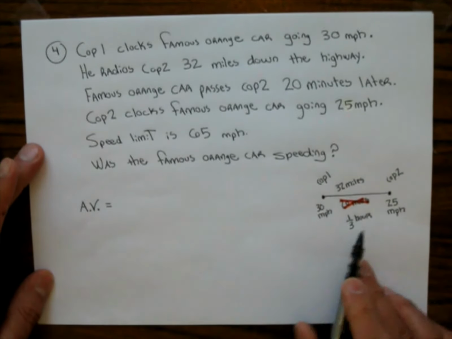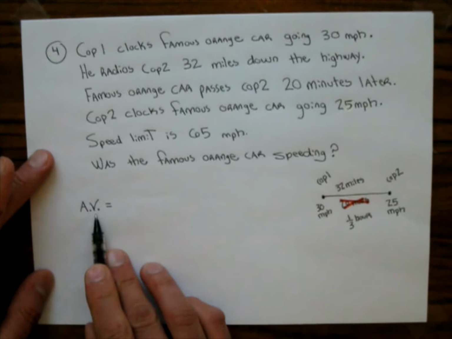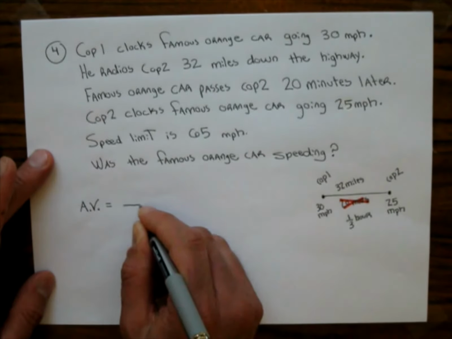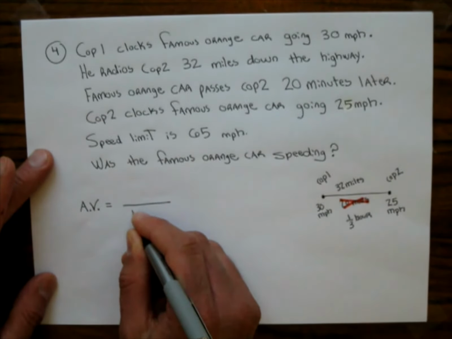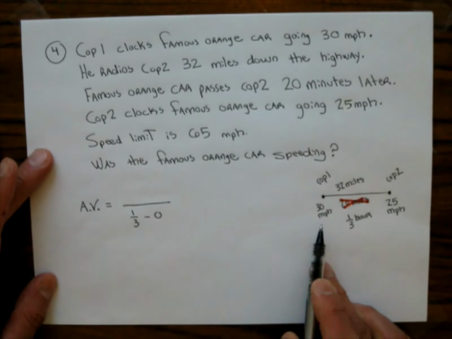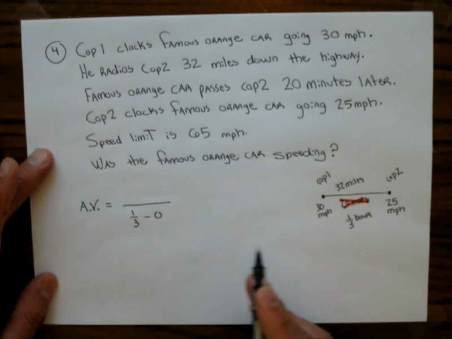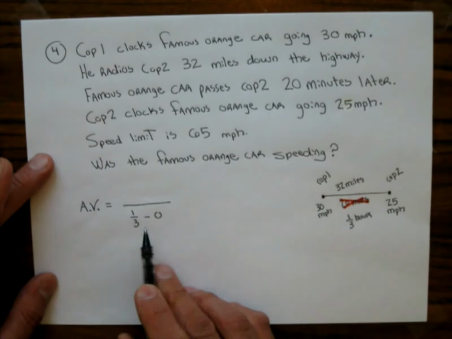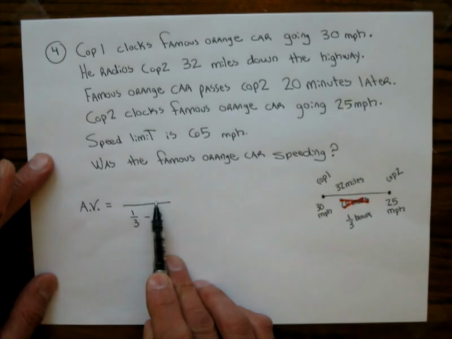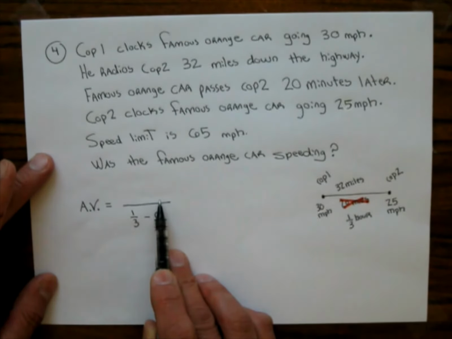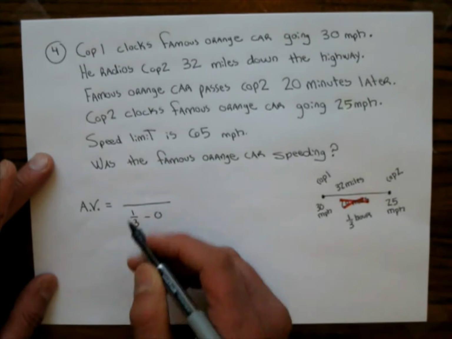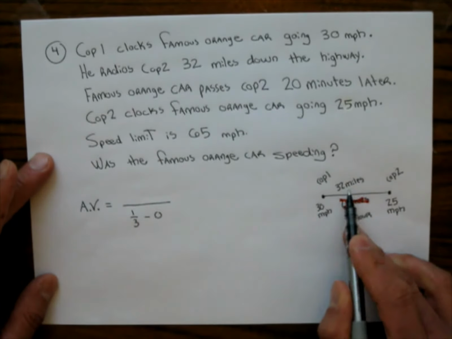Now let's go ahead and do this. Remember, the average velocity is, we have the times on the bottom. Remember, we can say 1/3 minus 0, because we'll just start the clock at 0. And then the position is how far they went. I mean, you can say s of 1/3 minus s of 0, but really that is going to be the displacement, which we see is just 32.